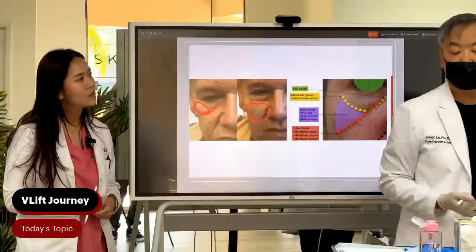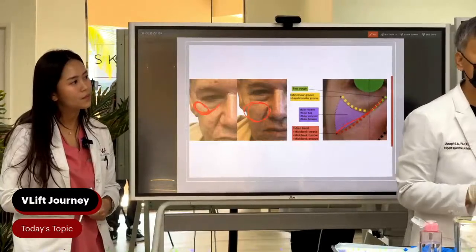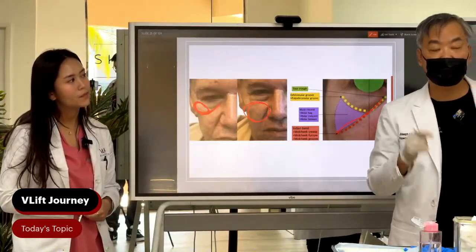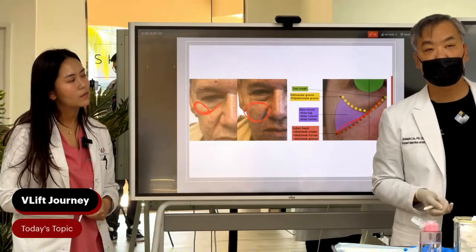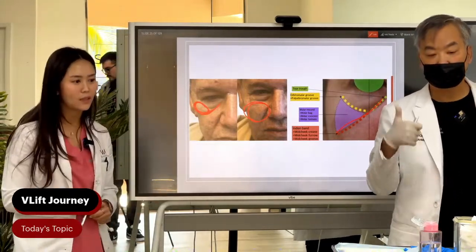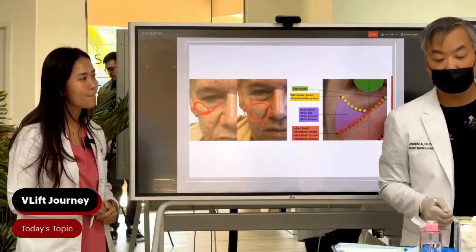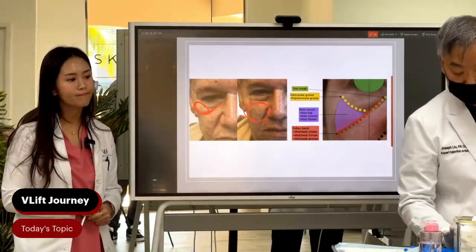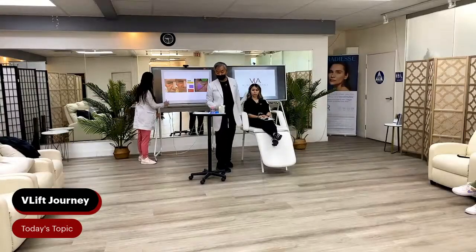And as for injectors, how can injectors avoid causing puffiness in that region? You want to make sure you are injecting deeply. Very good. So as the audience could see, using Radiesse, we smoothed that region out.